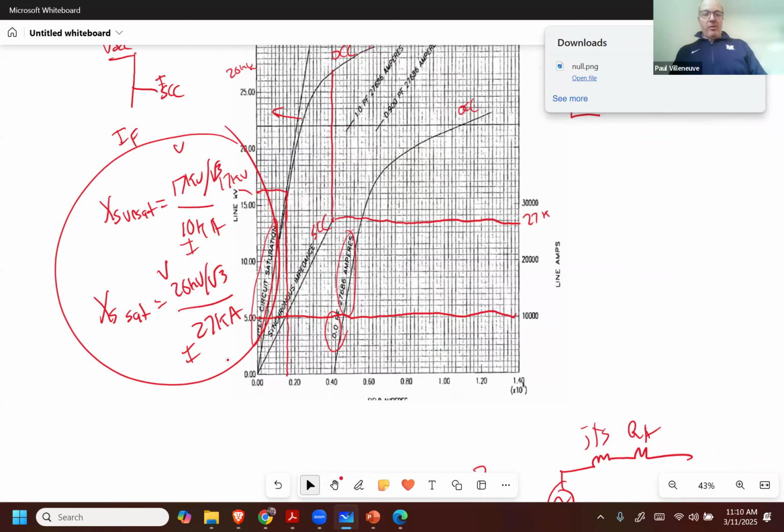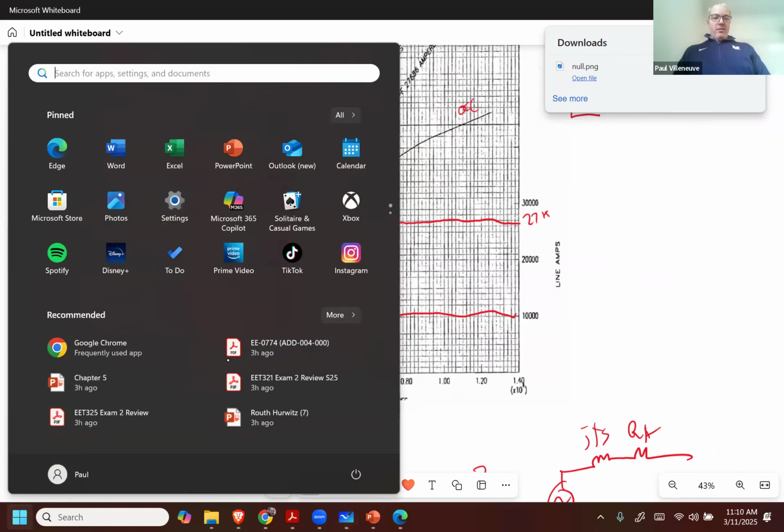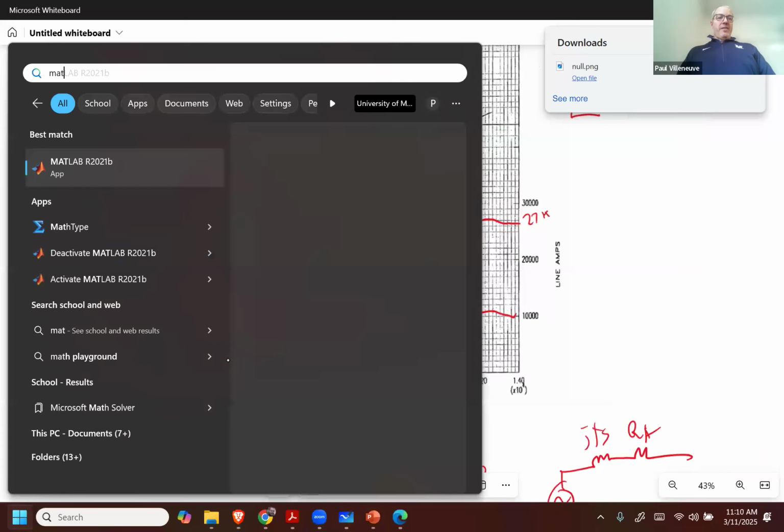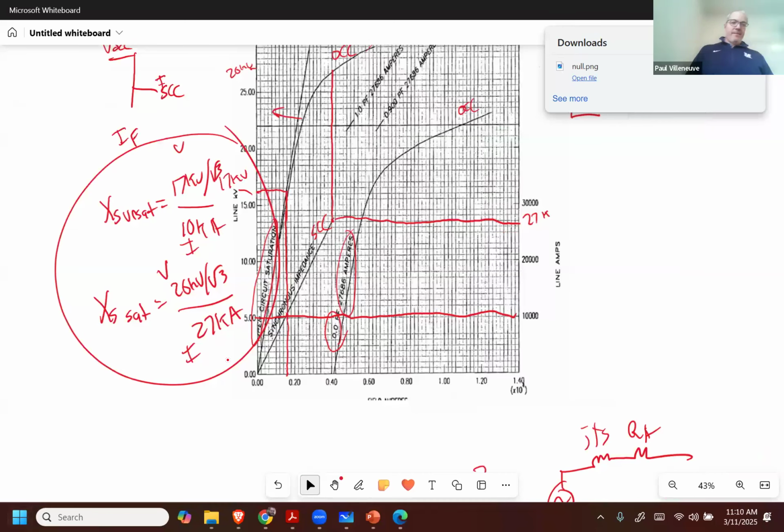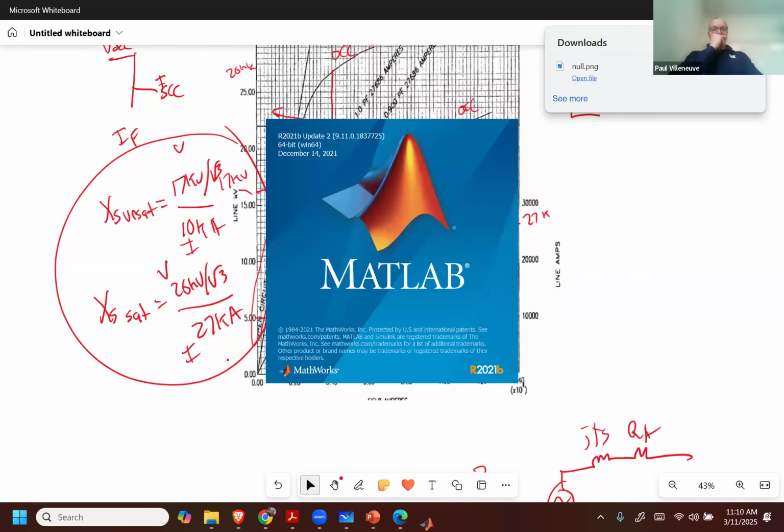Let's check to see how close we are. Anybody have their calculator handy? They can help me out. What's 17 divided by 1.7 divided by the square root of 3? Should be almost exactly one, right? 0.98.